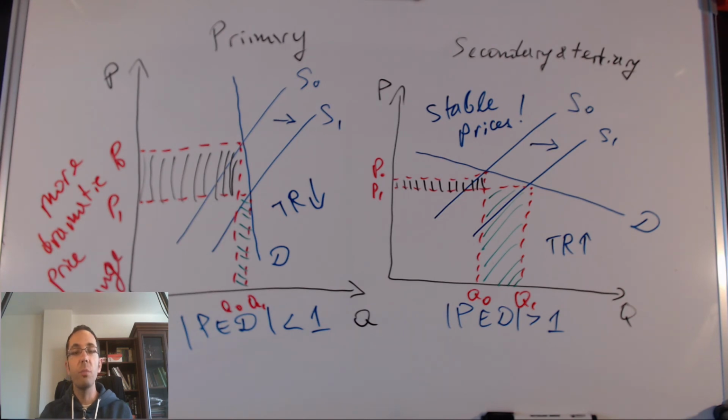When you see small economies, usually they tend to be agrarian based, which is your primary sector. And when you see more advanced and developed economies, they tend to be more secondary and tertiary oriented because, again, less risk. As supply increases, total revenue increases, and prices are more stable.